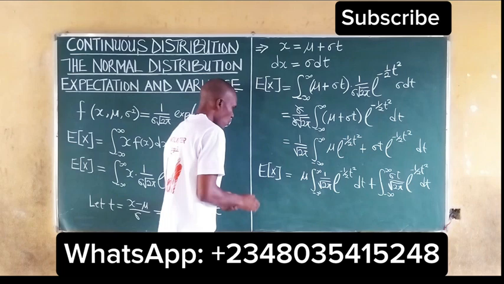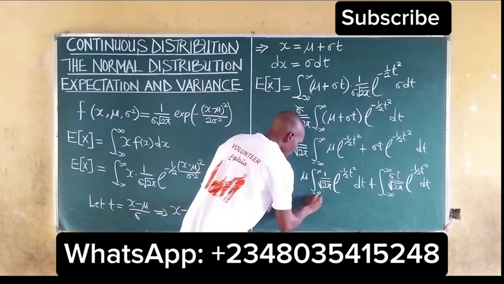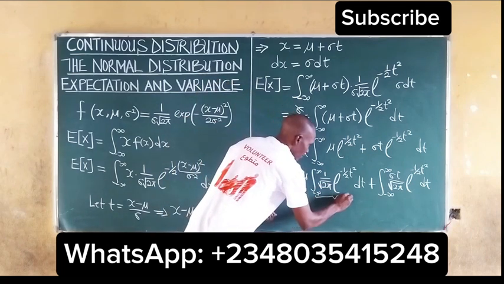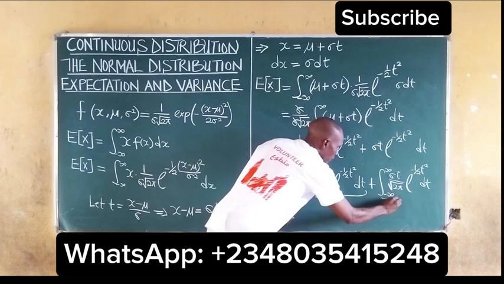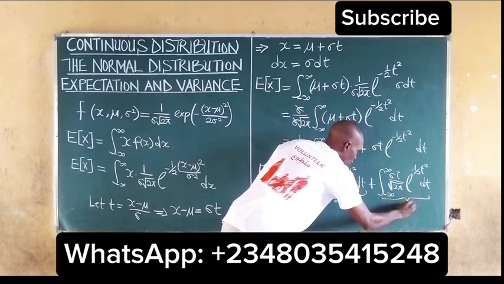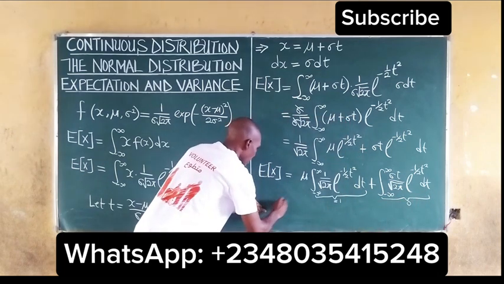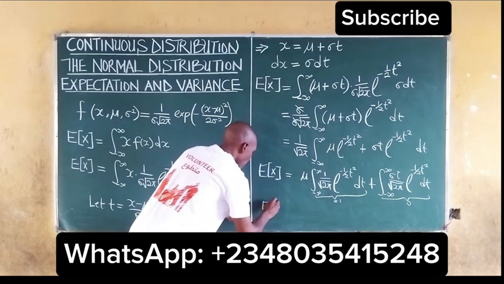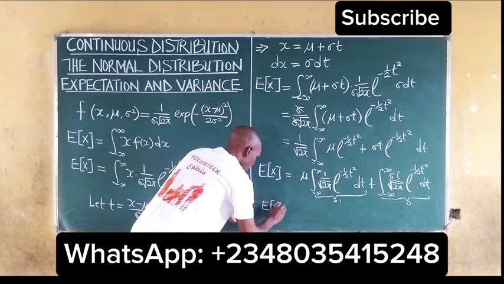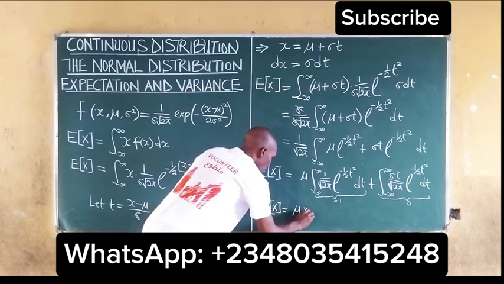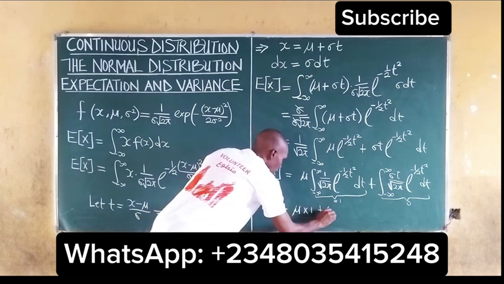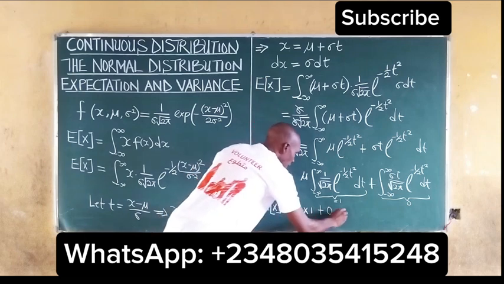Now, we should note that the whole of this first integral is equal to 1, while the whole of this second integral is equal to 0. It then means that our expected value of x will be equal to mu multiplied by 1 plus 0.